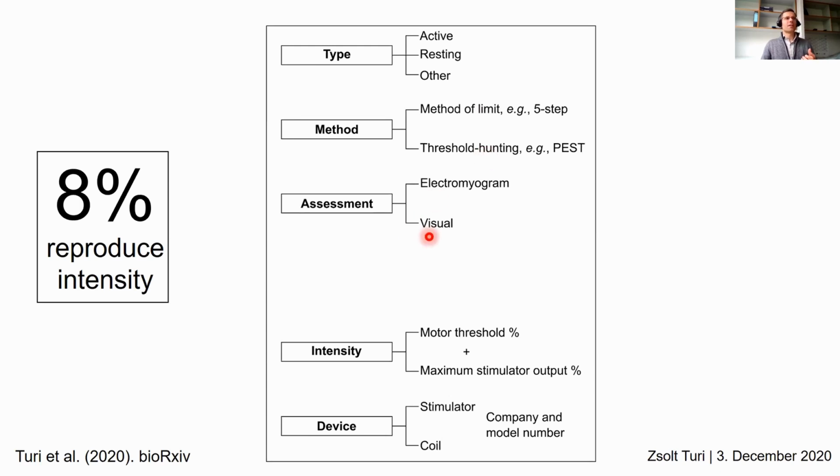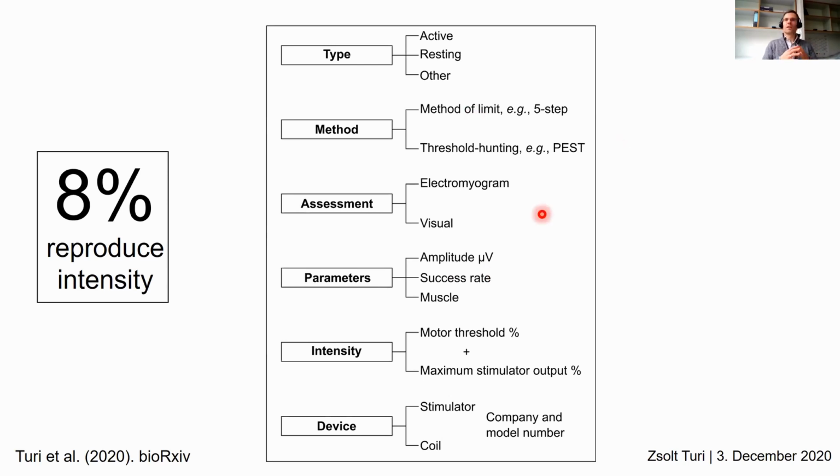You can also assess the muscle twitch visually or using electrodes, and you can use different parameters. You can check different muscles; the success rate for determining the motor threshold by using the method of limits, for example, differs.